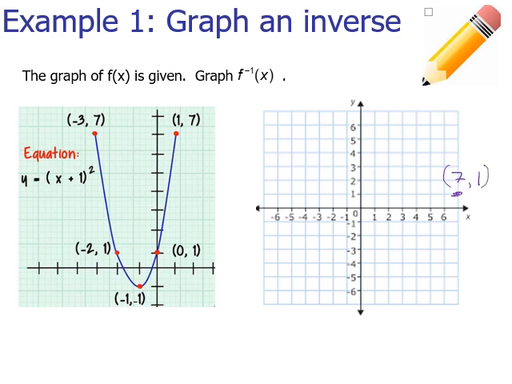There's our first point. Our next point is 0, 1. So its inverse is x is 1, y is 0. Okay, third point, -1, -1. That one doesn't change.